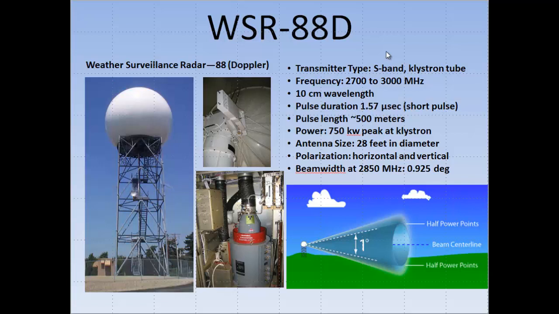Pulse duration is 1.577 microseconds. The pulse length is about 500 meters. Peak power is 750,000 watts at the transmitter. The antenna is a 28-foot dish, and it has both horizontal and vertical waveforms on the pulses, and a beam width of about 1 degree.